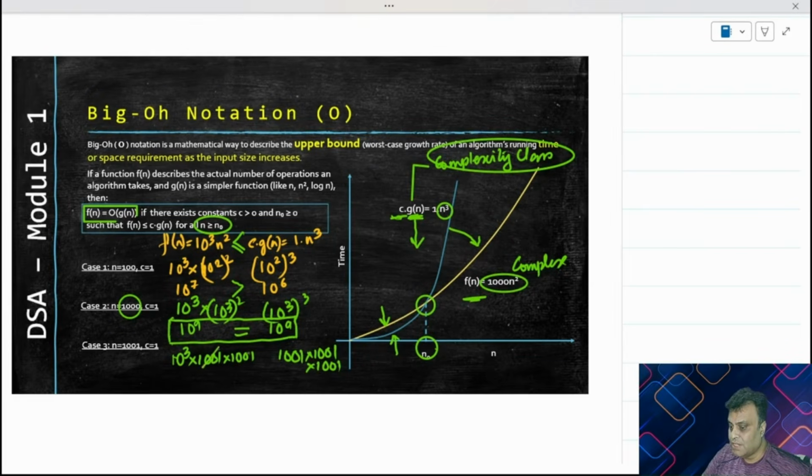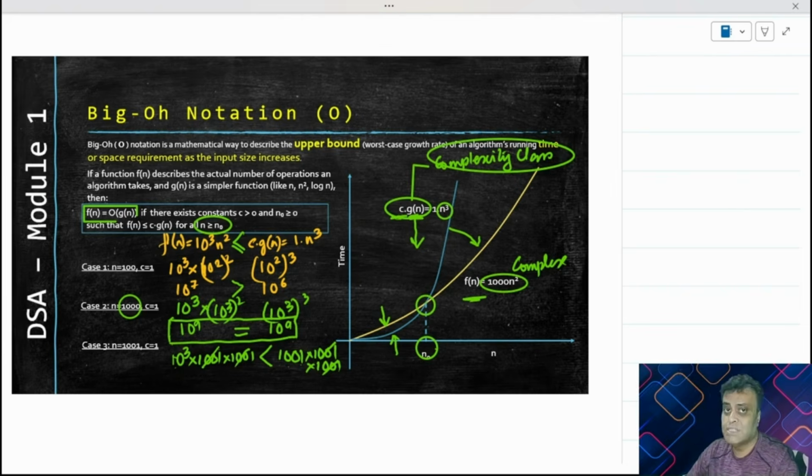So we can say that these will cancel out, and the only thing that remains on the right hand side is 1001, and the left hand side has 1000. So 1001 is greater than 1000, right? So at n equal to 1000 it becomes equal, and at n equal to 1001 the blue line will cross. And what is the blue line? c·gn. c·gn will cross fn at that value of n, which is 1001.